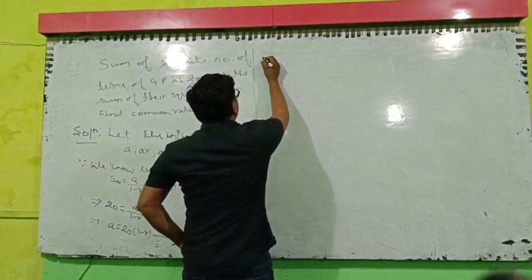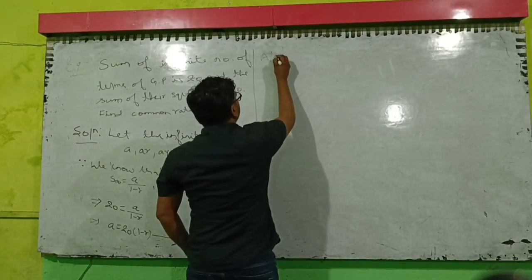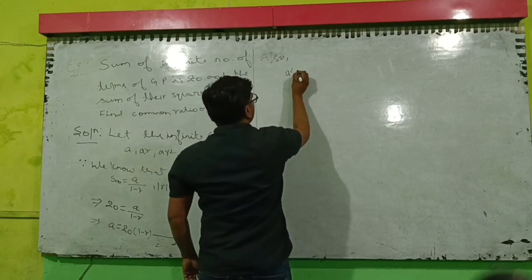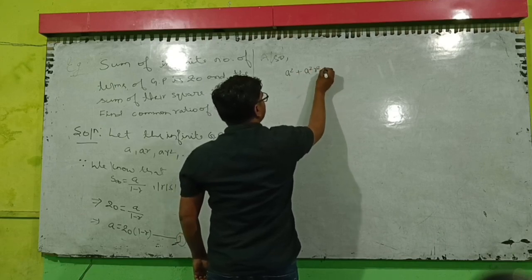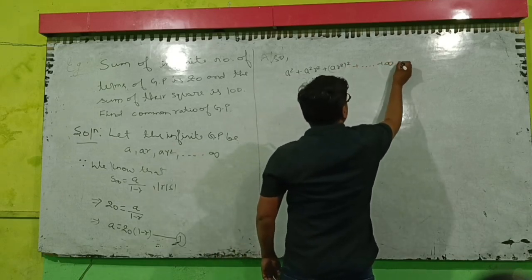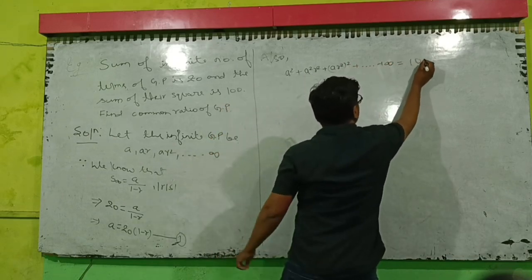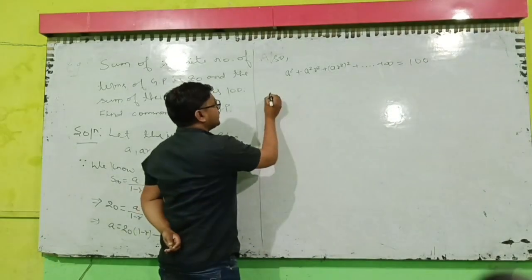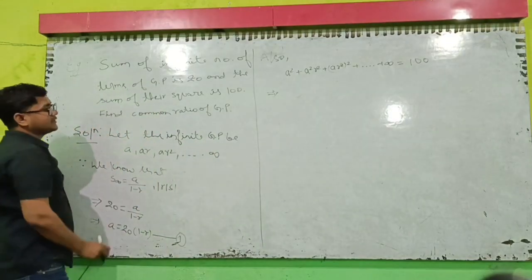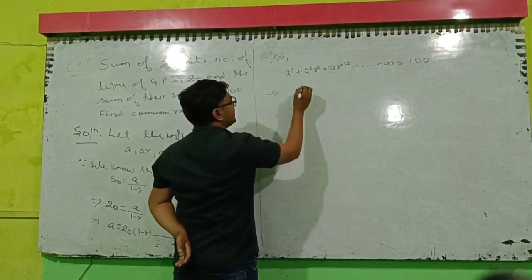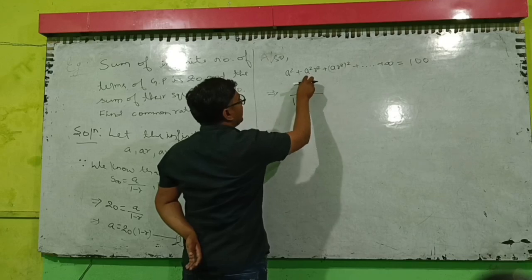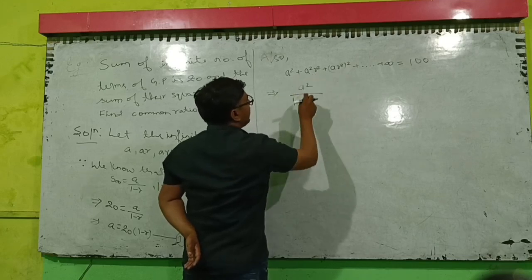Now it's also given in the question that the sum of squares of its terms, meaning a square plus a square r square plus a r square whole square, dot dot dot up to infinite, is given as 100. Now by the same formula S infinity equals a upon 1 minus r, the first term is a square. This is a square upon 1 minus r, where the common ratio of this progression is r square.